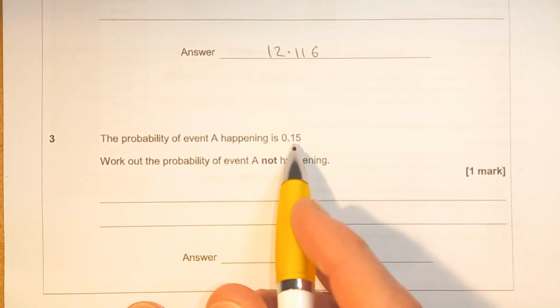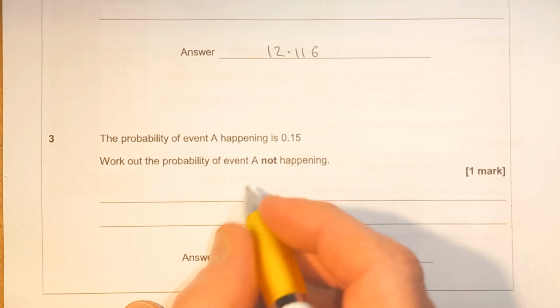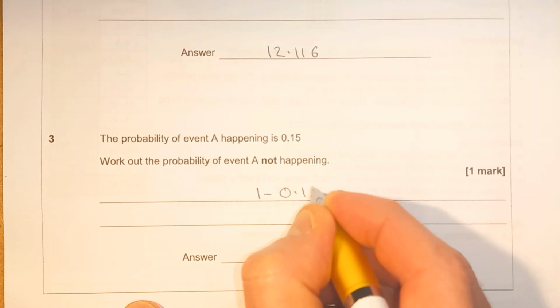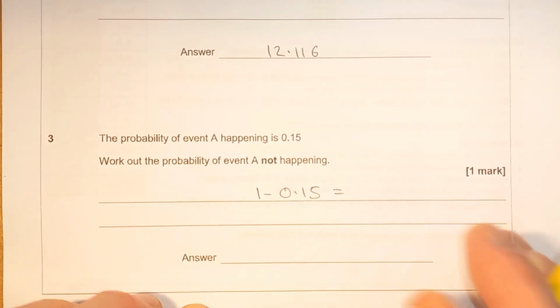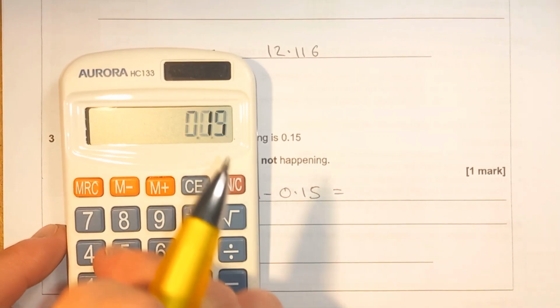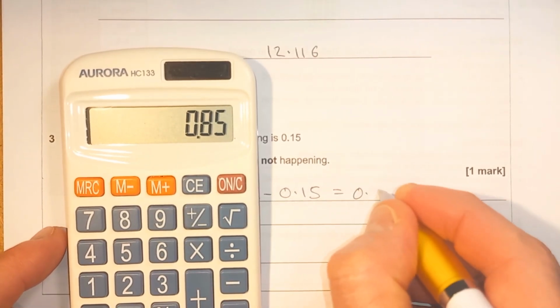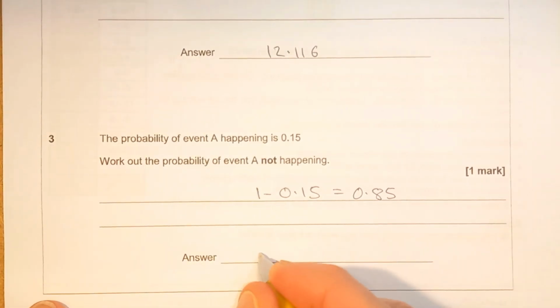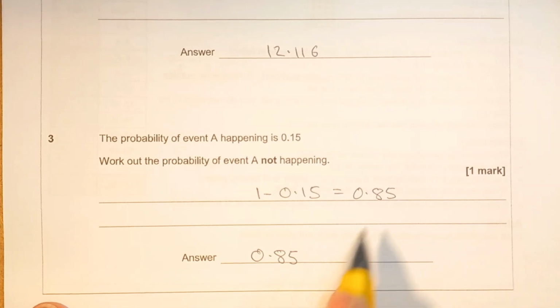So if the probability of it happening is 0.15, the probability of it not happening must be 1 minus 0.15. Again, we can use our calculator to give us 0.85. Which you could write as 85% if you want, but we might as well leave it as a decimal.